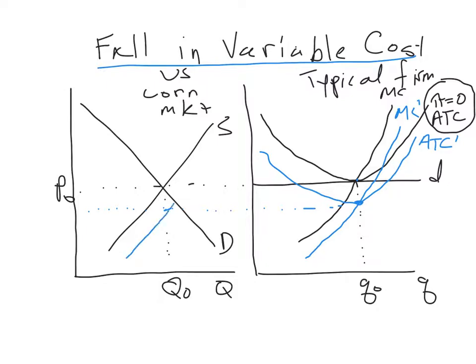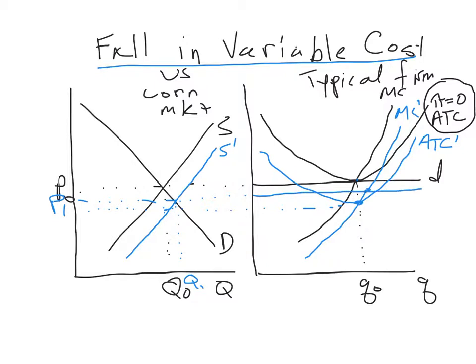Because if every firm had their marginal cost drop by $1, the market supply curve would drop by $1. So there's this new short-run supply curve. And notice that price in the industry falls, output goes up, but also notice that price does not fall by the full amount of the drop in marginal costs.